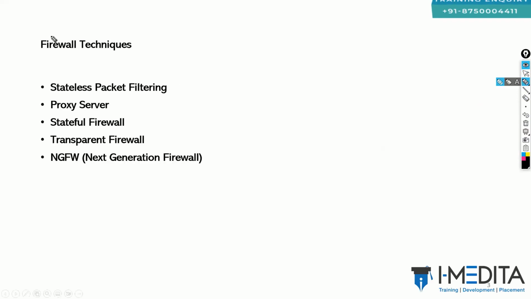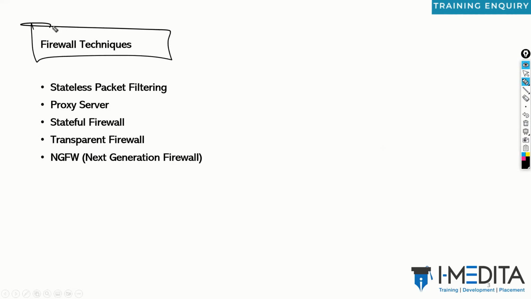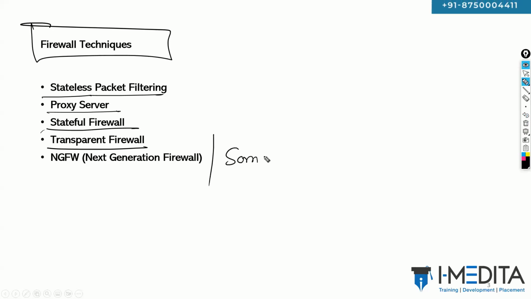Next, we have here firewall techniques. In present time, we have some firewall techniques like packet filtering or stateless packet filtering, proxy server, stateful firewall, transparent firewall, next generation firewall, which we have discussed here, which is also called sandbox inspection.